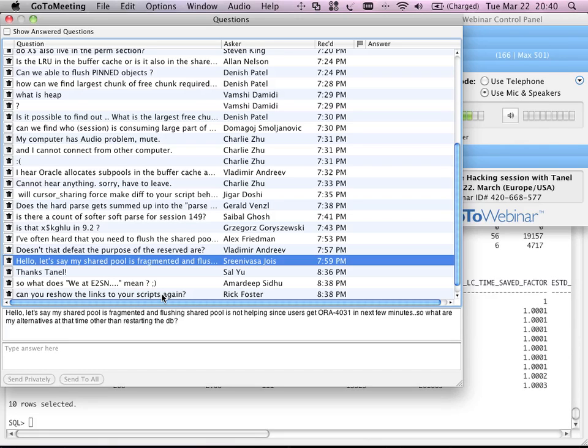And if your SGA target is already at the SGA max size, then you have to just reduce your buffer cache. Or if you don't use SGA target, you still can manually alter the buffer cache smaller and increase the shared pool. Yes, something will go slower because you will have fewer buffers cached, but at least you won't have these parsing issues and 4031s.